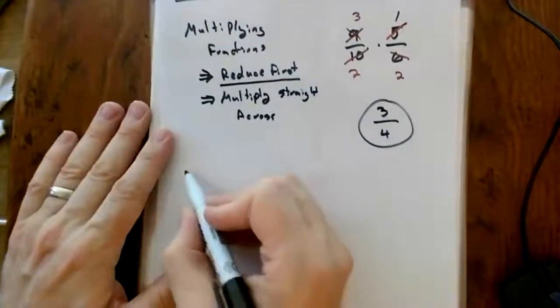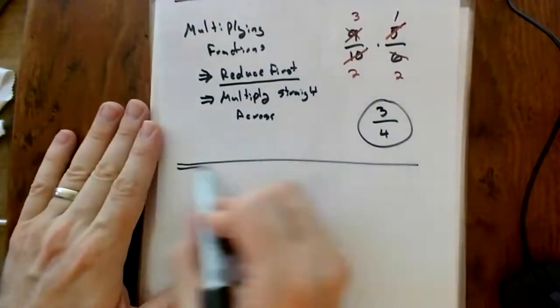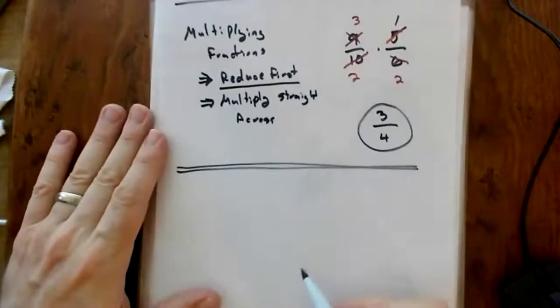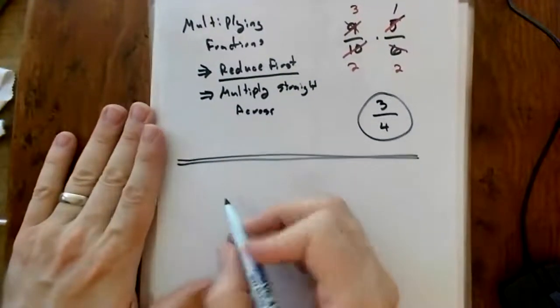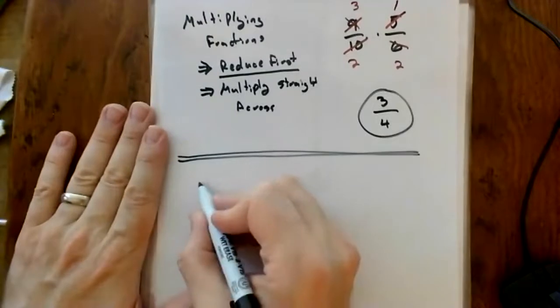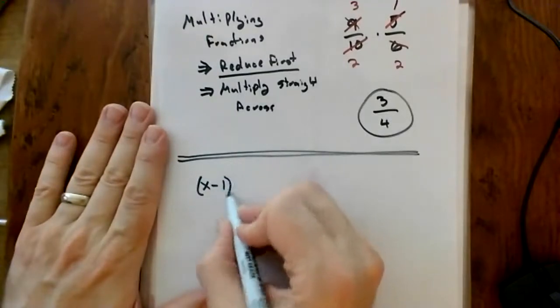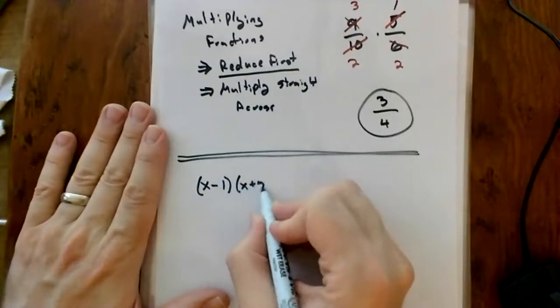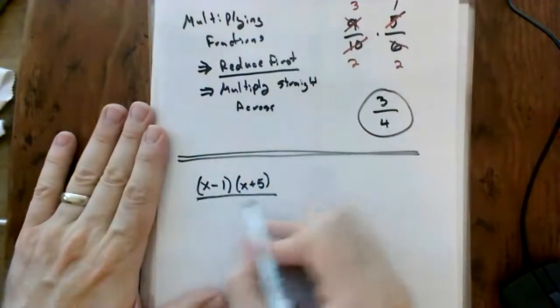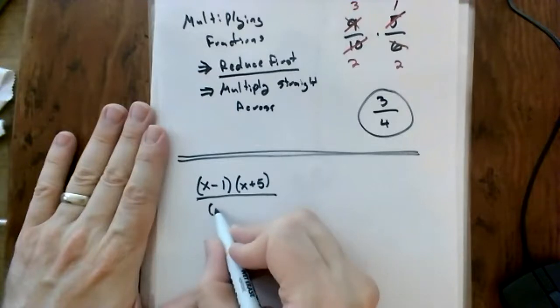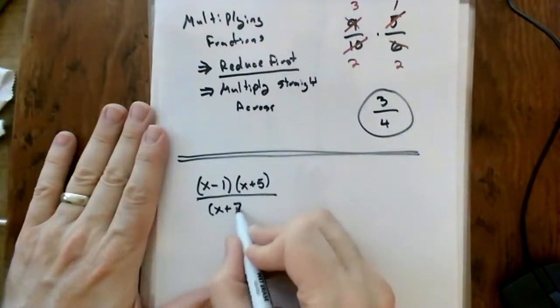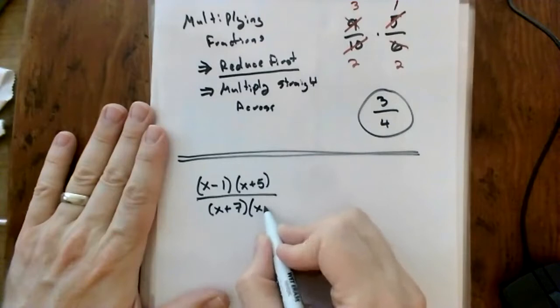So the same process happens with rational expressions. Say we've got something like (x minus 1) times (x plus 5) over (x plus 7) times (x minus 3).